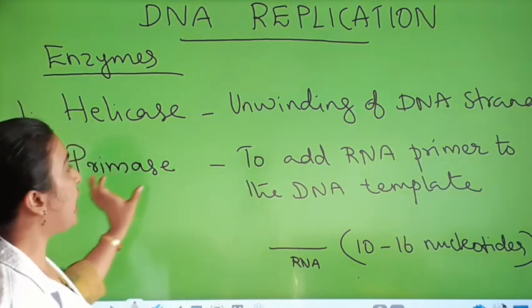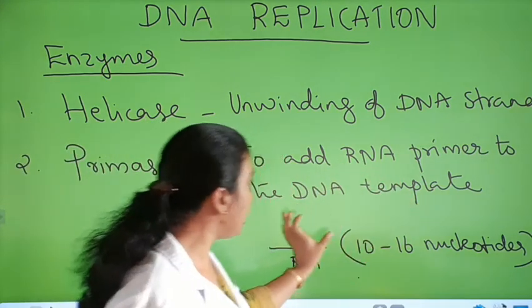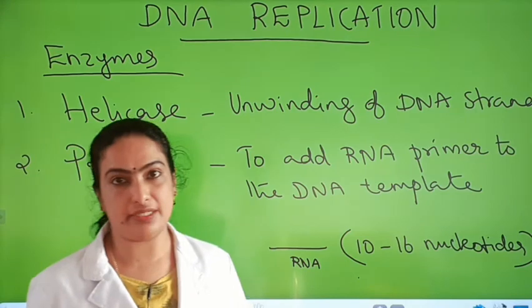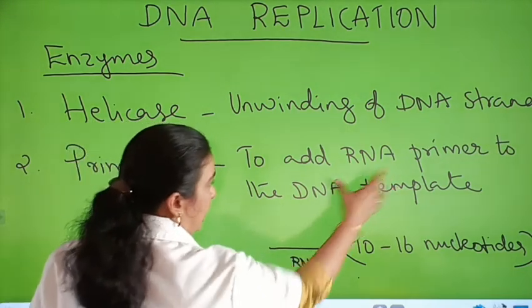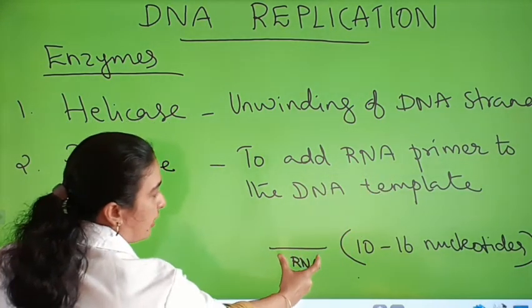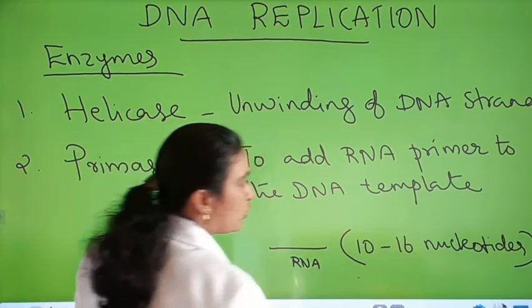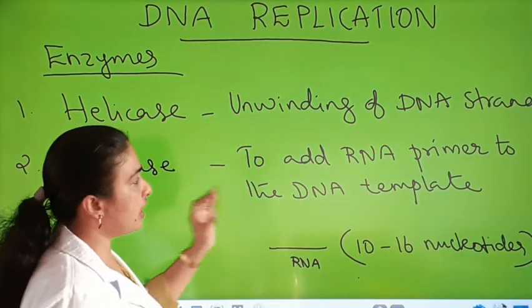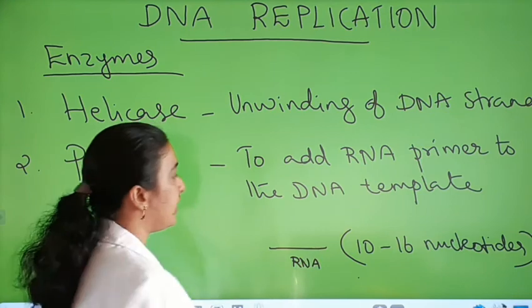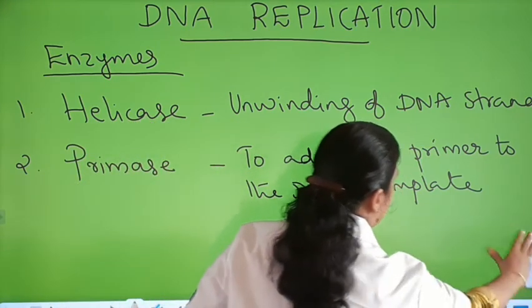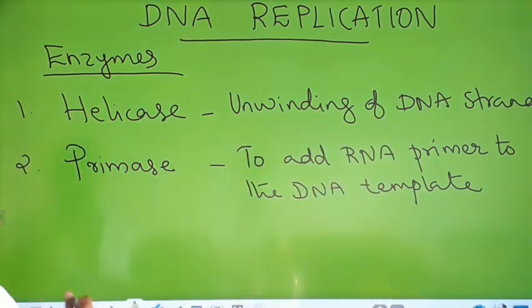Anyway, the function of primase is to add an RNA primer to the DNA template. The RNA primer is a short stretch of RNA molecule which consists of 10 to 16 nucleotides that can be added to the DNA template for replication. That I will show you.